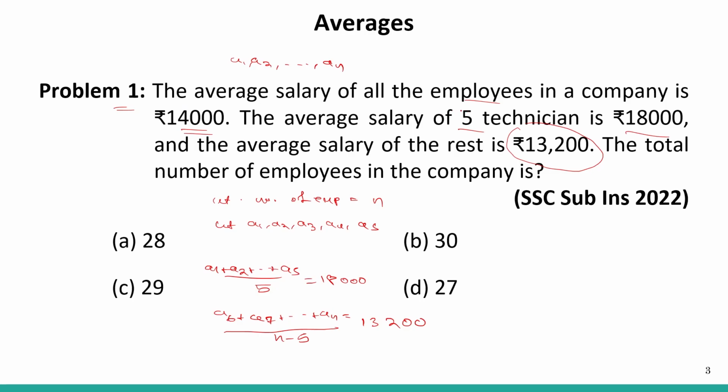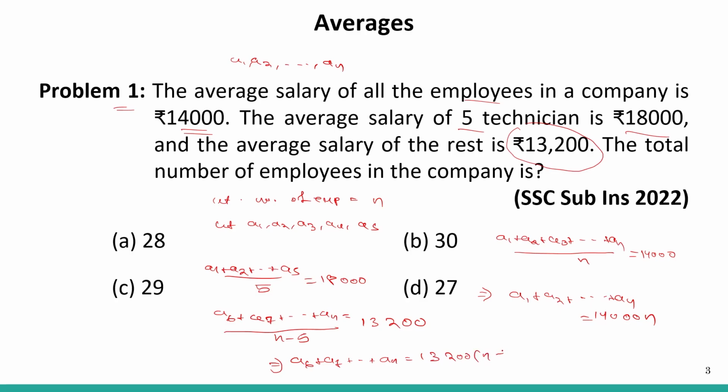The average salary of all the employees in the company is 14,000, so A1 plus A2 plus up to An, whole divided by n, is equal to 14,000. So A1 plus A2 plus up to An is equal to 14,000 n, and A6 plus A7 plus up to An is equal to 13,200 into n minus 5.